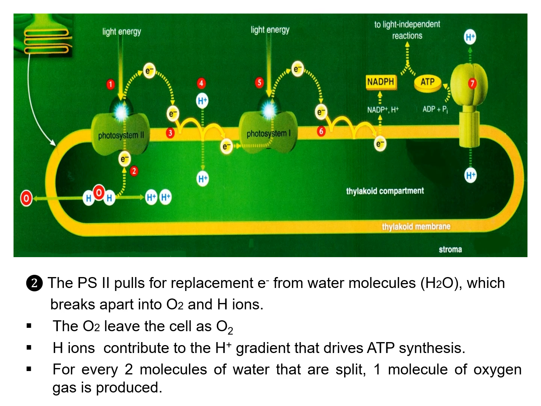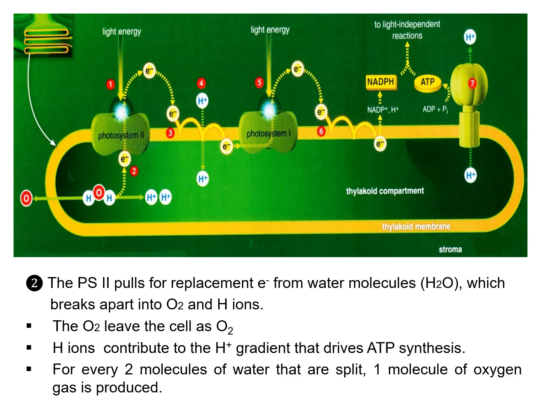So now we know that once the electron is ejected from photosystem 2, the replacement of the ejected electron will come from the water molecule, which breaks apart into oxygen and hydrogen ions.